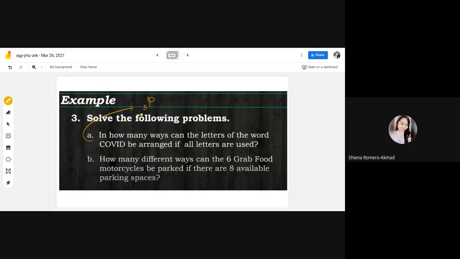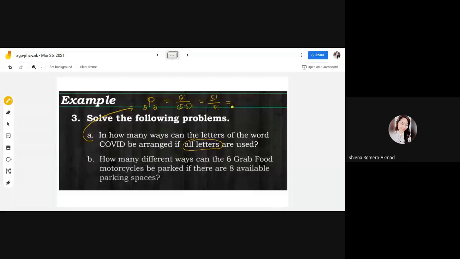That's 5. And of course, you have to use all the letters. Ibig sabihin, 5 taken 5 at a time. So that is 5 factorial divided by 5 minus 5 factorial. So it will give us 5 factorial divided by 0 factorial.